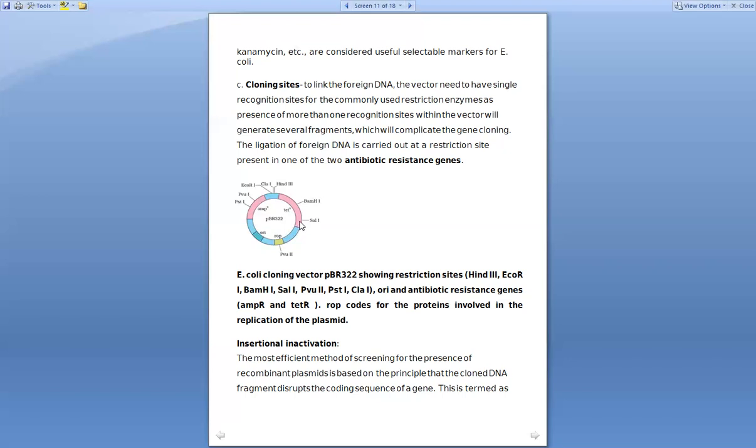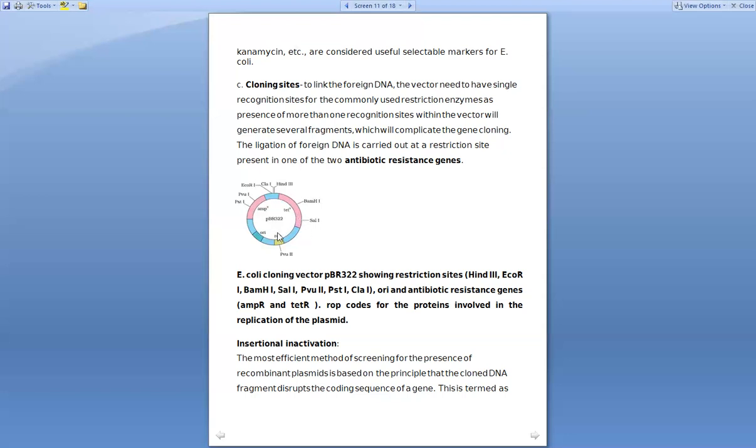When the restriction enzymes bind, they cut this particular DNA. When this DNA is cut, this portion is removed, and instead of this portion the gene of interest from outside is inserted. After that, the ligation, or the filling of the gap, is carried out by the enzyme DNA ligase.